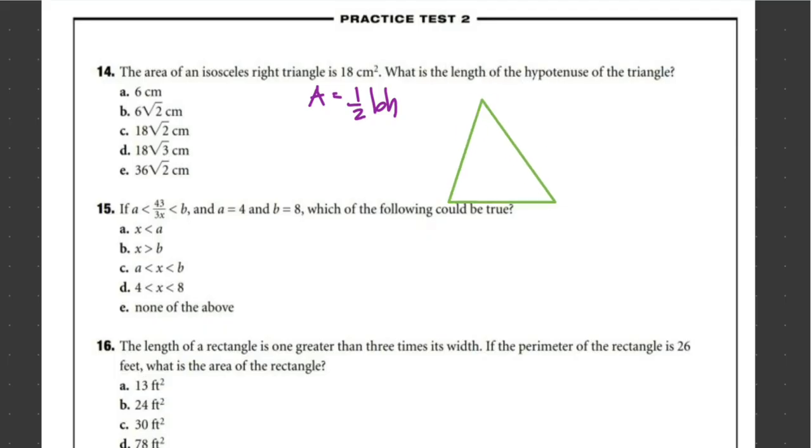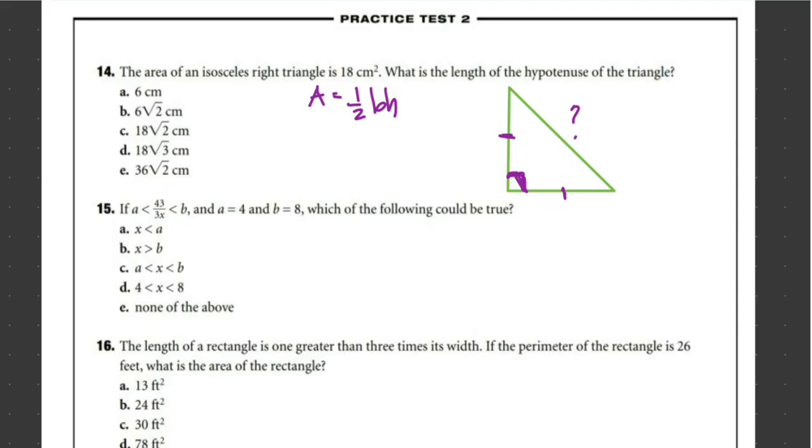Let's say this is our triangle, isosceles triangle. It says isosceles right. So we have a 90 degrees. One of the angles is 90 degrees. Isosceles meaning the two sides are congruent. We need to find the length of the hypotenuse.